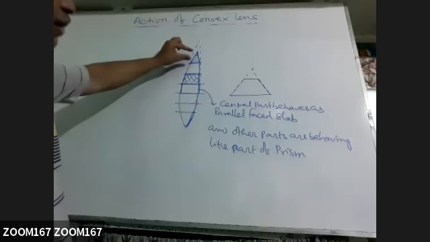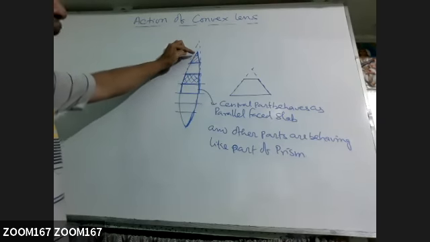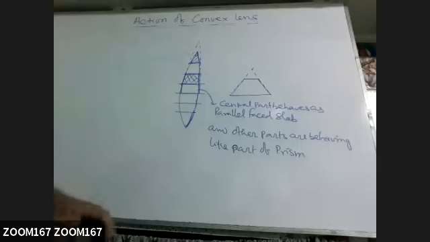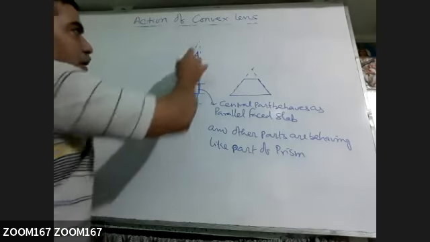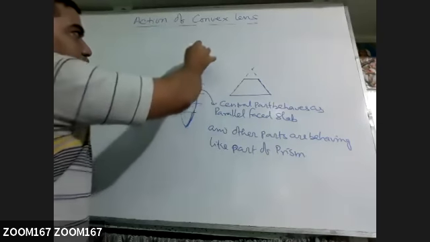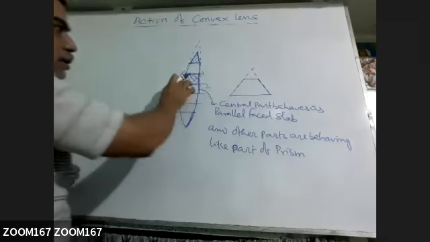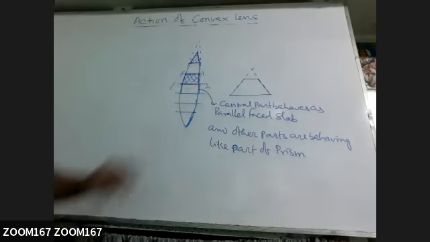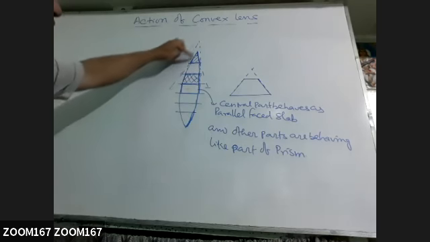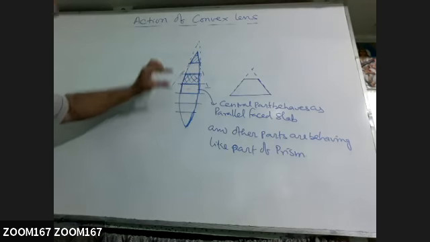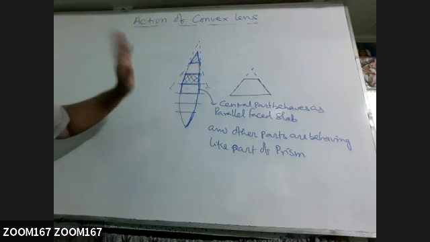This is not the part of the same prism. If this prism is produced, this part is not formed. If this is produced, what will be? It will be like this. But this is not the part of this prism. This is part of some other prism.